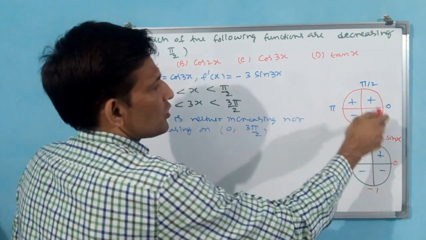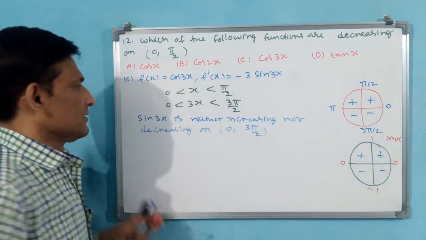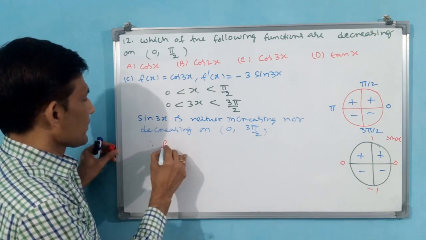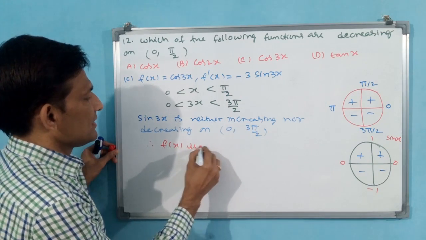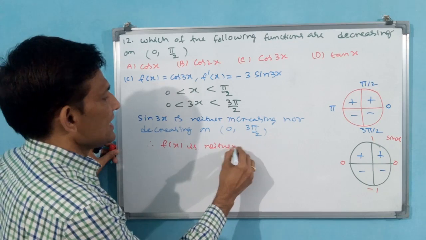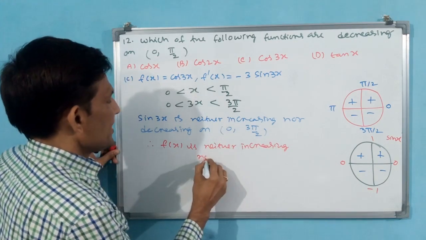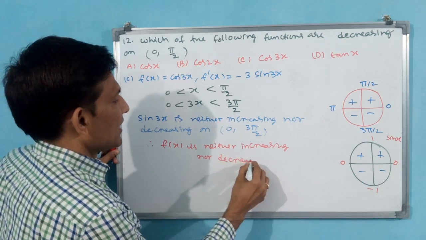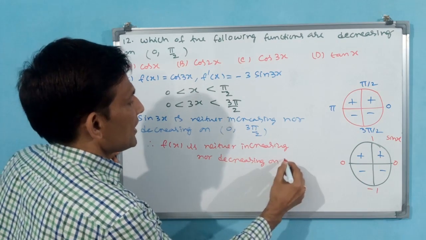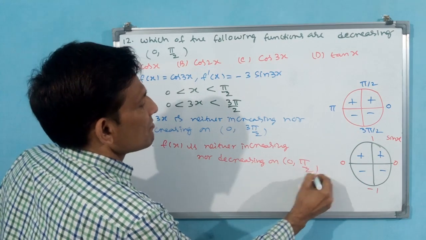Okay? On 0 to 3 pi by 2, neither increasing nor decreasing. Therefore, f of x is neither increasing nor decreasing on 0 to pi by 2.